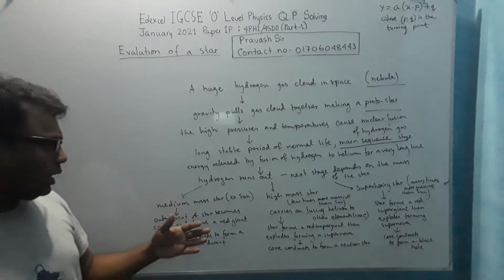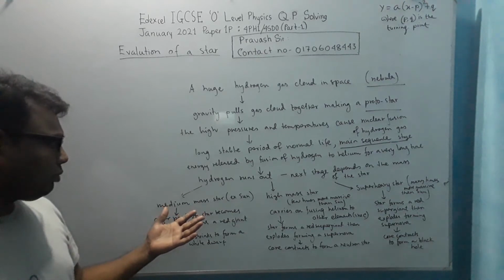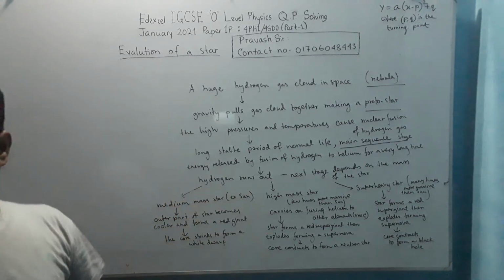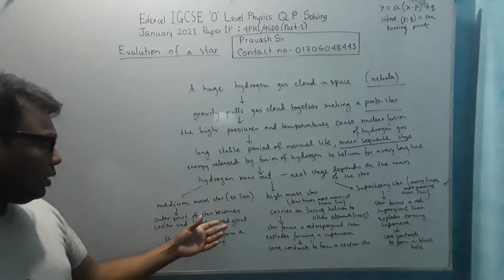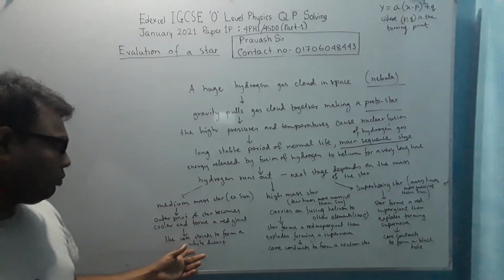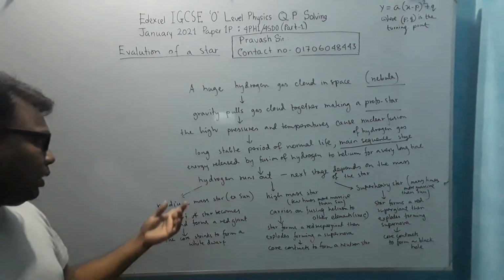So we could see the end of stars with different mass. The medium mass star ends in the form of a white dwarf. That is the last stage of a medium mass star.